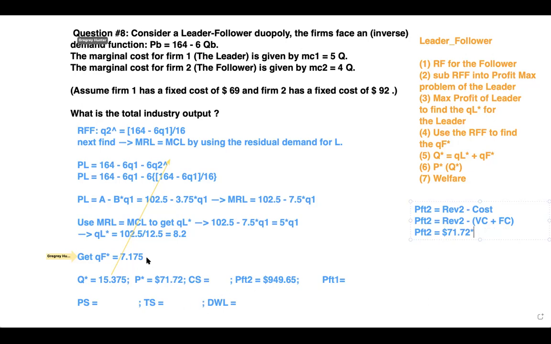Firm 2 was the follower, producing 7.175 units. I'll break it this way: revenue 2. What did you get as the total revenue when you do that?